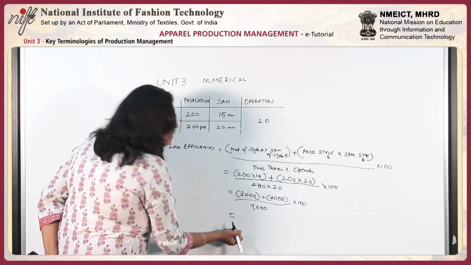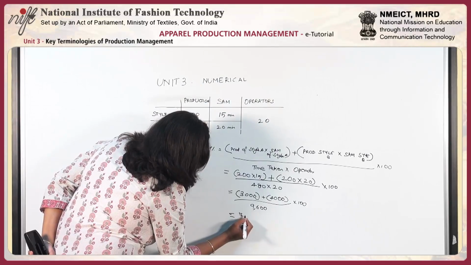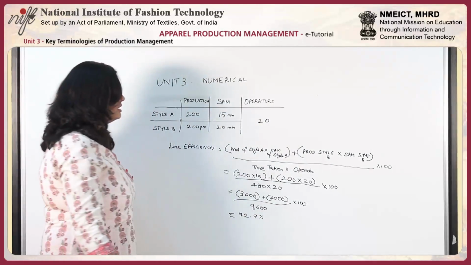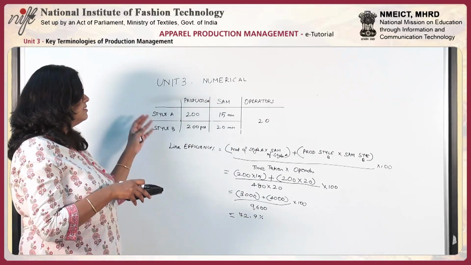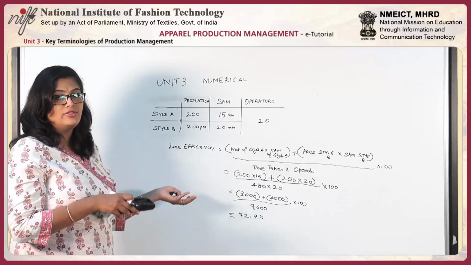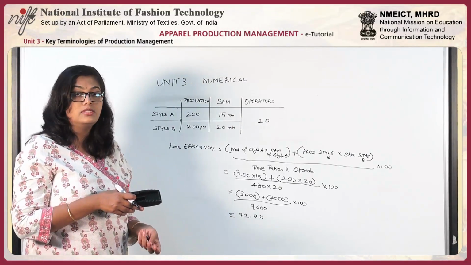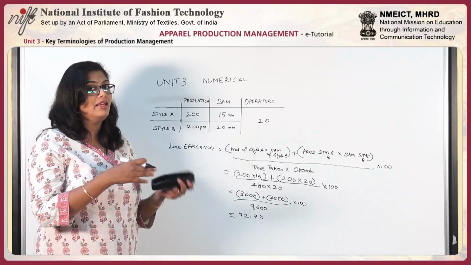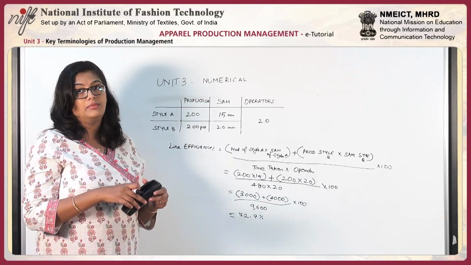So the answer for this would be 72.9%. This is the line efficiency of a mixed style, that is style A and B. As you see, the formula is not so complicated as it sounds, and this same formula can be utilized in mixing and matching of finding various factors in the garment industry.